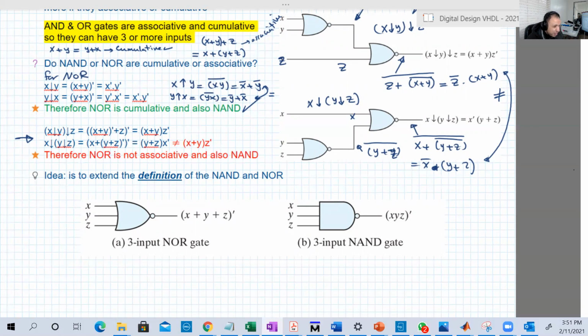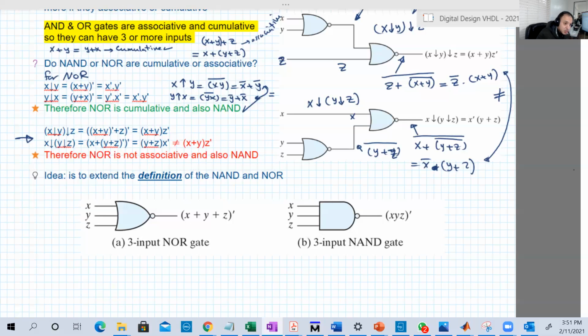Because the current definition is restricted to AND or OR with two inputs. So just extend the definition of NAND and NOR to be generally the complement of any number of inputs. That's the basic extension definition now.